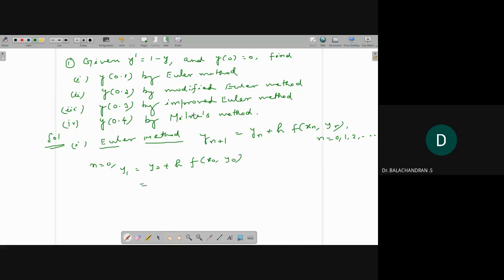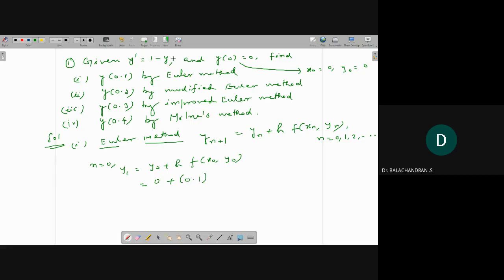From the problem, x0 equal to 0 and y0 is also 0. And h is 0.1, since the points are 0, 0.1, 0.2, 0.3, 0.4.